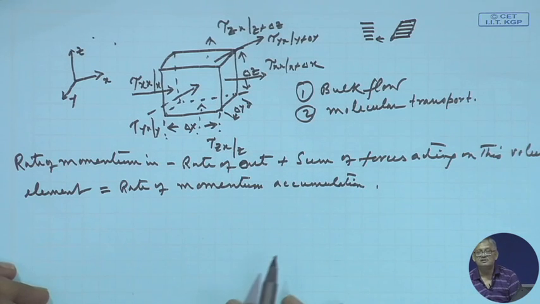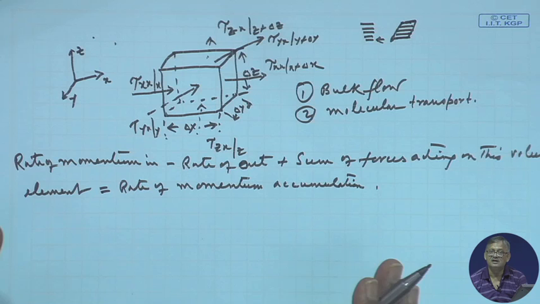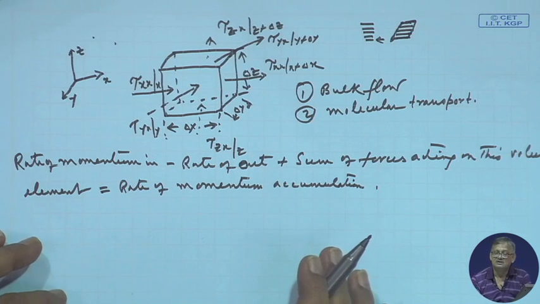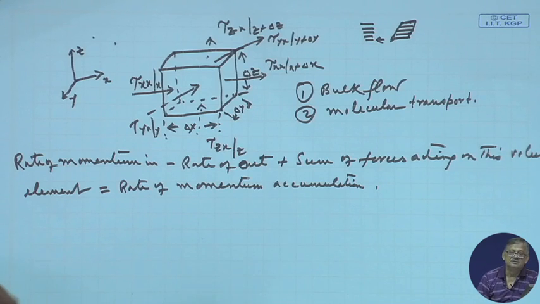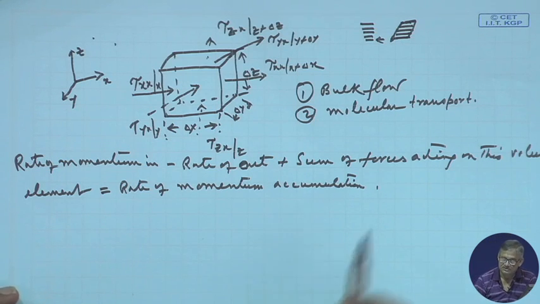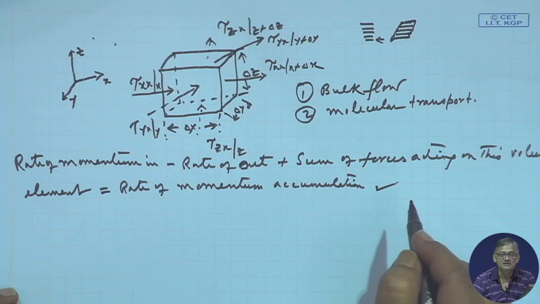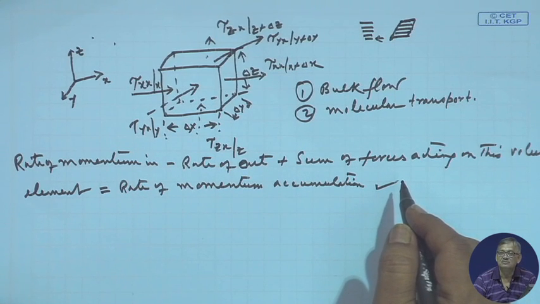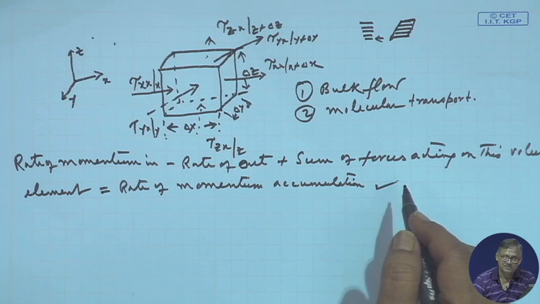So this is the basic general equation for momentum transfer: the rate of momentum in minus the rate of momentum out plus all the forces acting on the volume element must equal the rate of momentum accumulation. The entire development of the equation of motion is based on this.